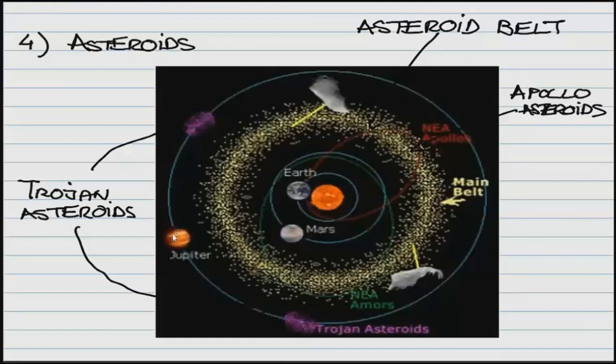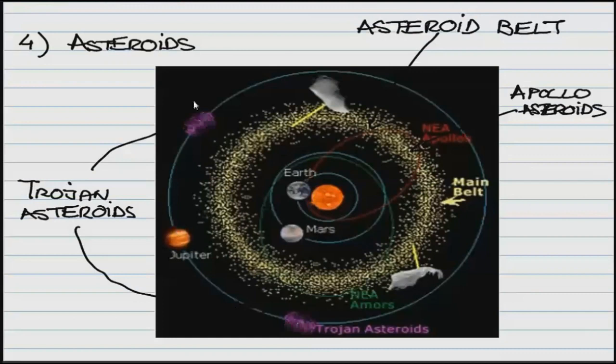So one group is leading Jupiter 60 degrees ahead, and the other group is trailing Jupiter 60 degrees behind. But there is another group of asteroids, the so-called Apollo asteroids, whose orbits are highly elliptical and cross the Earth's orbit.